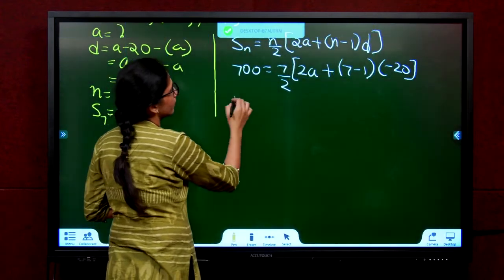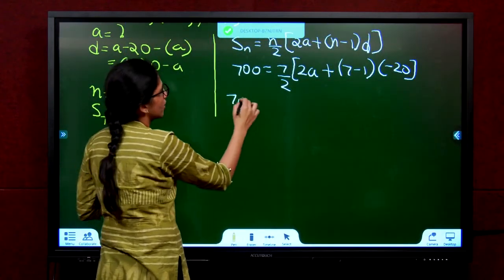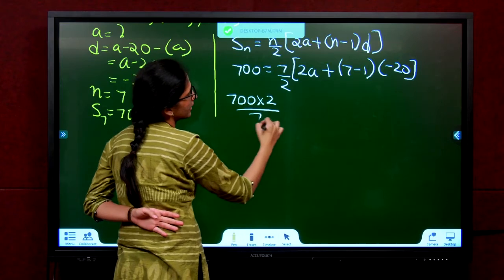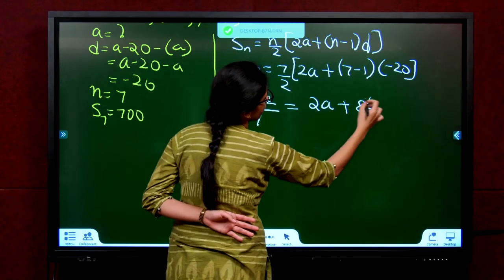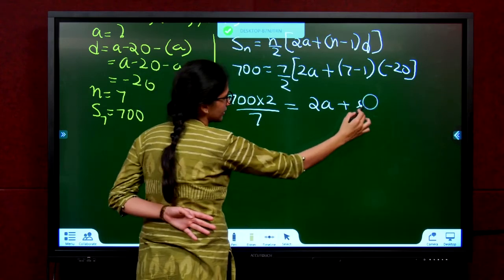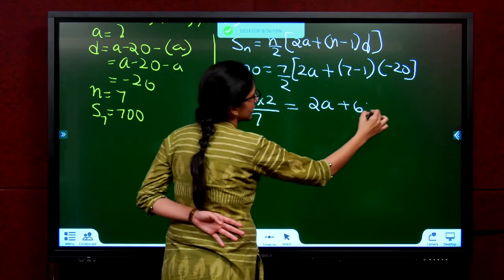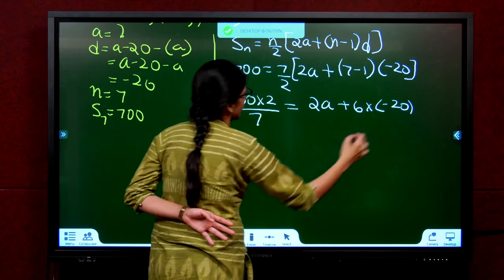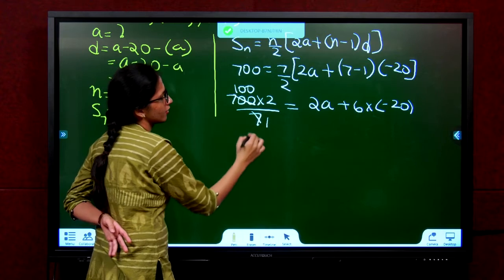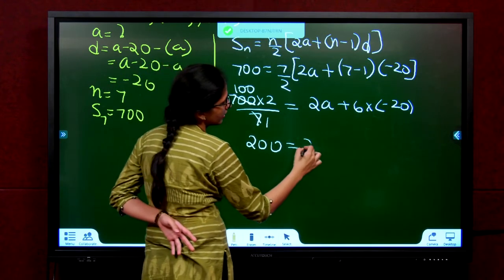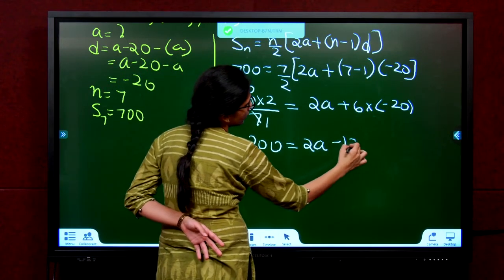Solving this further, send the 2 here, 7 down. 700 into 2 by 7 is equal to 2a plus, 7 minus 1 is 6, into minus 20. 7 ones are 7, 7 hundreds are 700. 100 into 2, 200. 200 is equal to 2a minus 120.